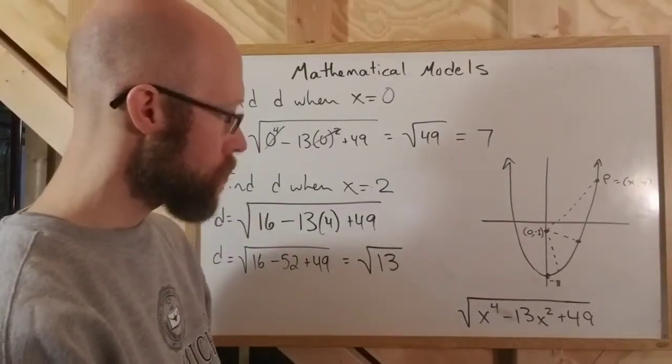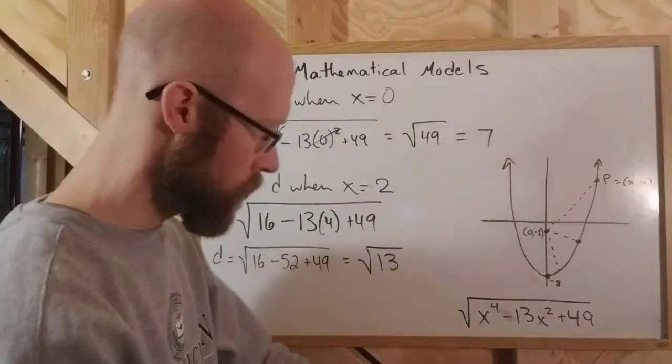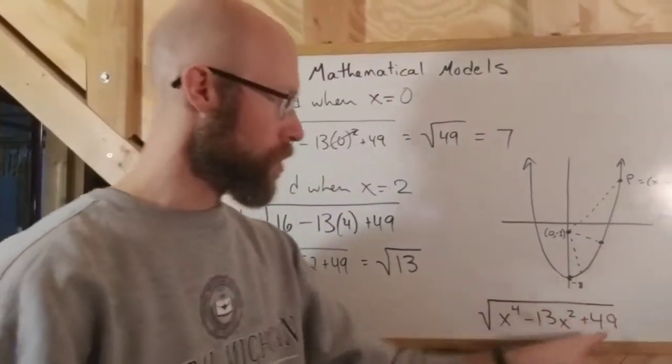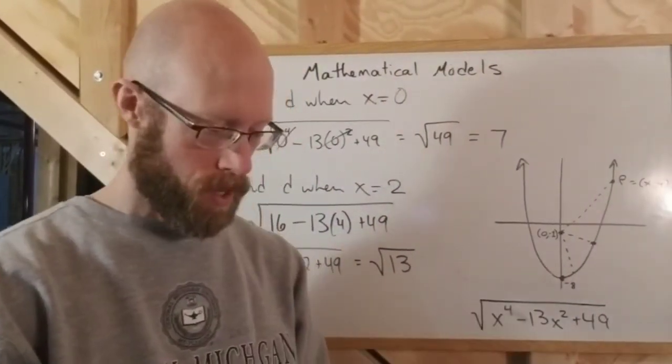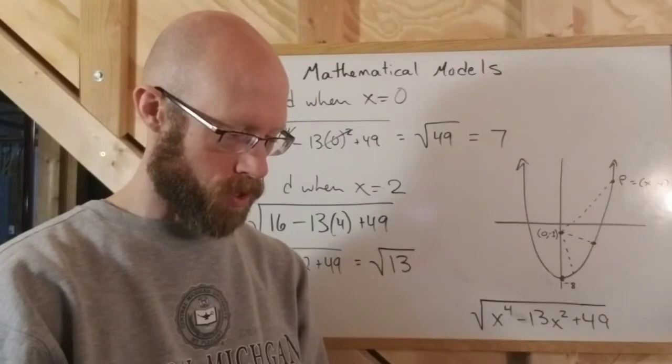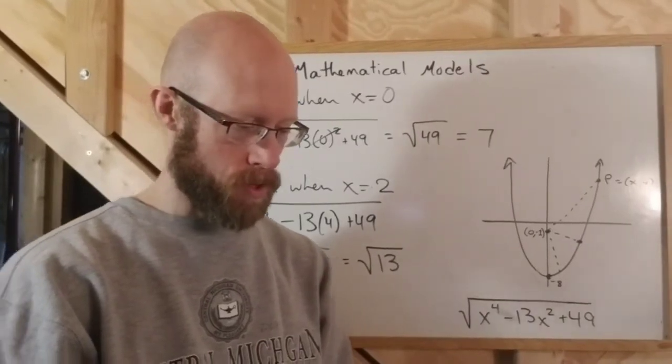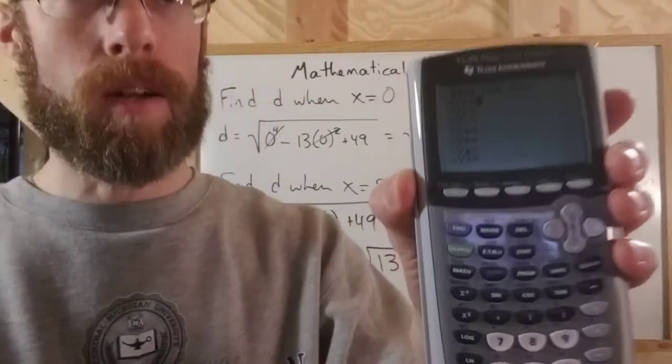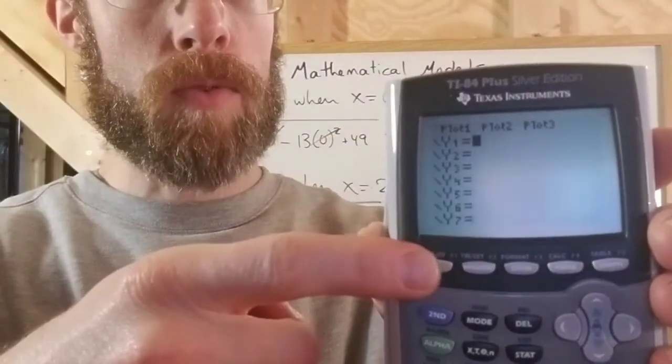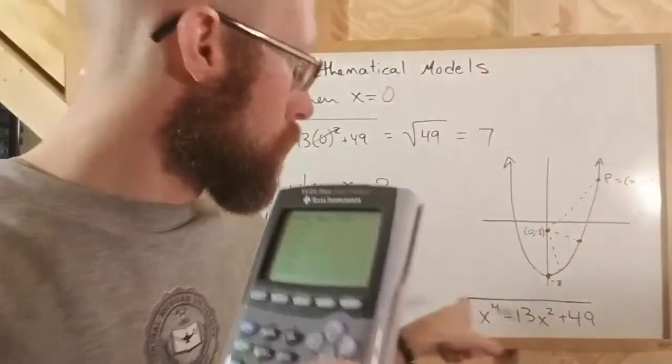And here's something kind of interesting. You can actually plot the graph of this function. You can go to your y equals on your calculator. So you go to the y equals button, and then you can plot this graph.